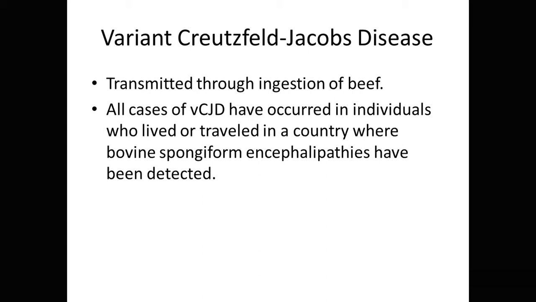These are prion diseases of the cattle, and if a person consumes products prepared from this cattle, the person can be infected. All cases of variant Creutzfeldt-Jakob disease have occurred in individuals who traveled or lived in countries with BSE, bovine spongiform encephalopathy outbreaks.